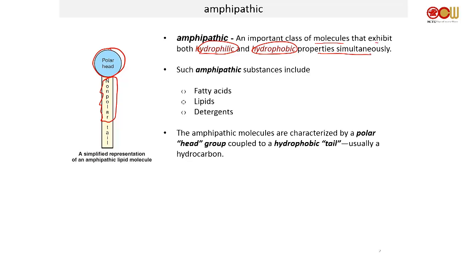Okay? And it is not surprising that you run into these things almost every day during your life. Okay? For example, these substances include fatty acids. You know that your membranes are made out of fatty acids. Lipids, not really. Okay? But here we primarily mean membranes. Okay? So membranes are like that.